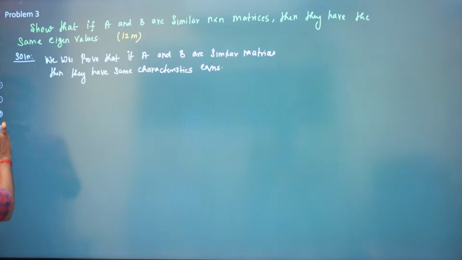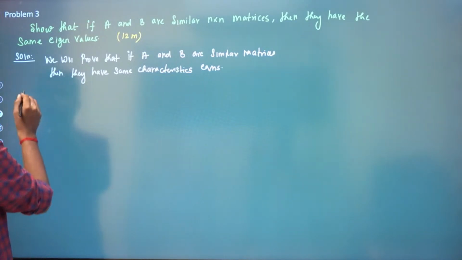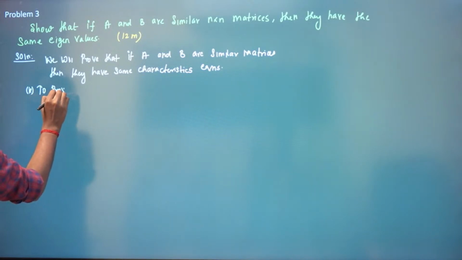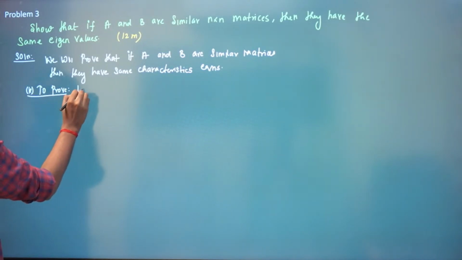What is the characteristic equation for a matrix A?